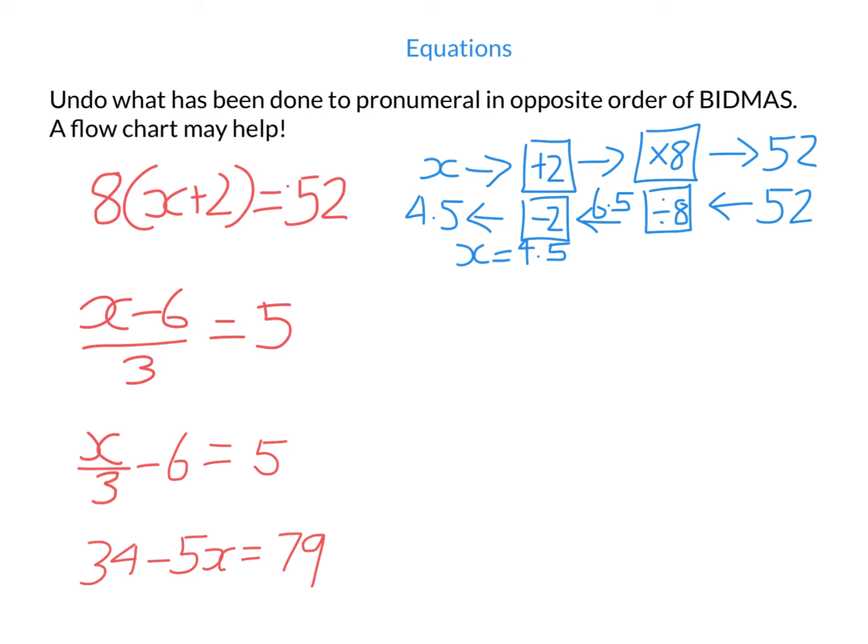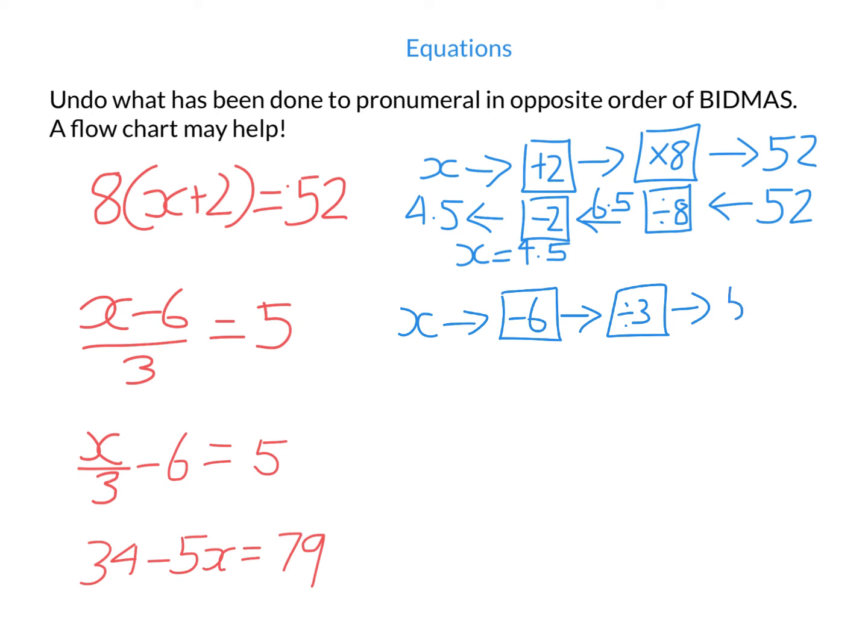All right, let's look at these two equations. They have the exact same operations. The only difference between them is the order of operations, and we'll see that if the order of operations is different, we get a totally different answer. In this equation, we took our unknown number x, we subtracted 6 first, then we divided by 3 and somehow got our answer of 5.